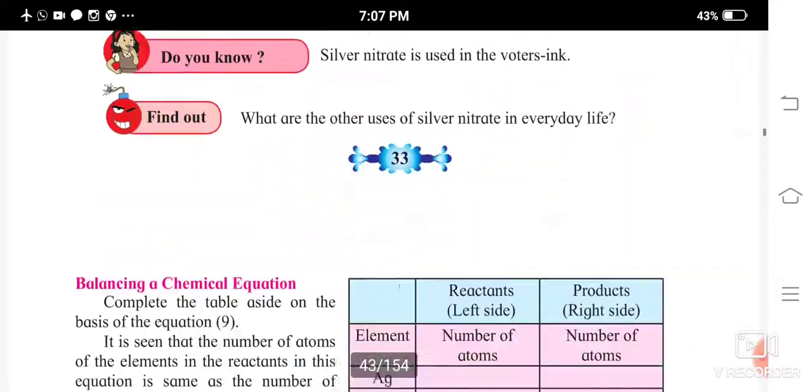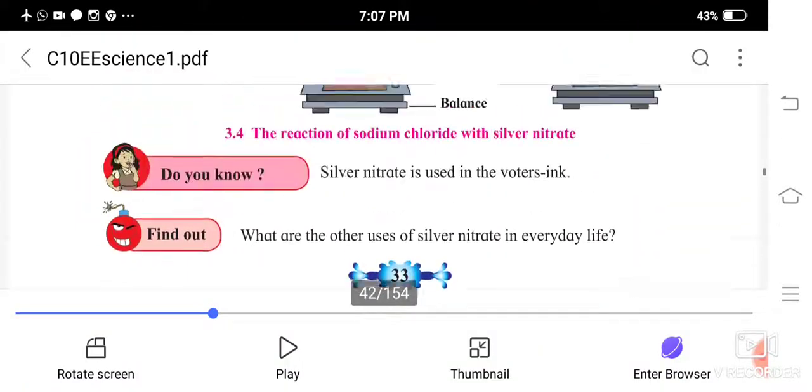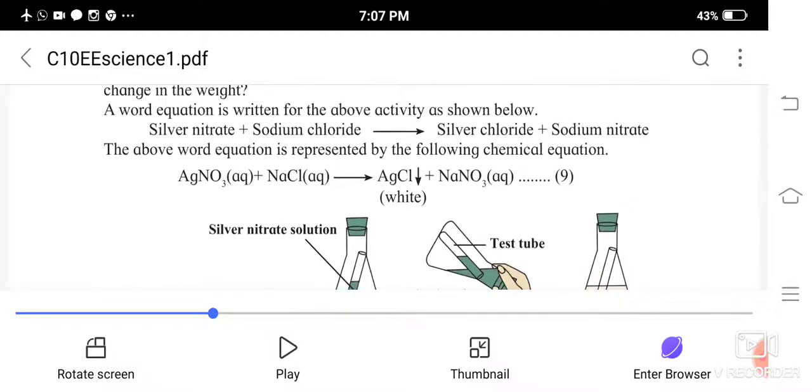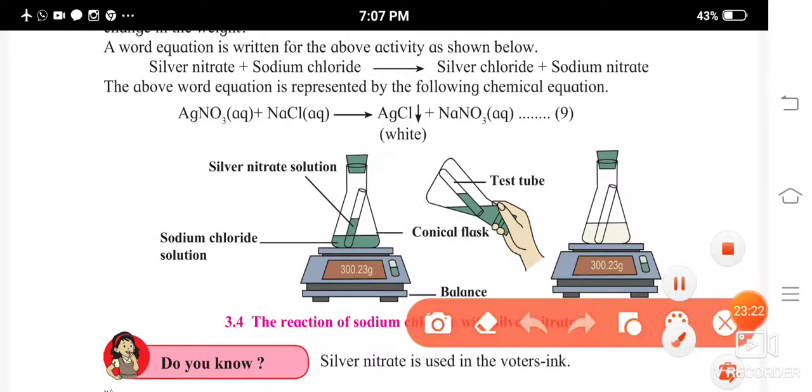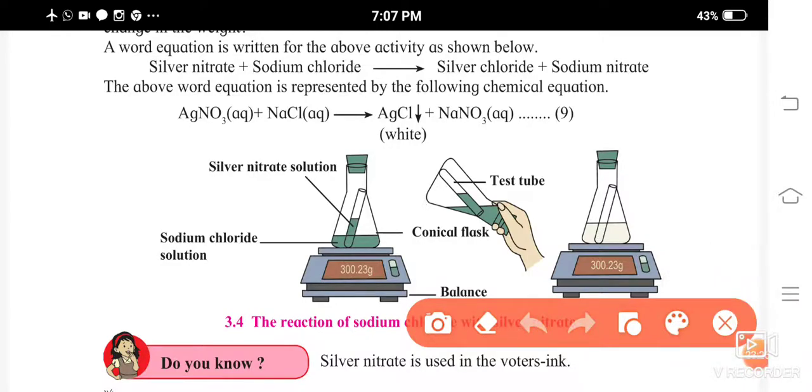See, you can see here. Wait, let me show it to you. This is the conical flask. In the conical flask, you have taken sodium chloride solution. And this is the test tube. In this test tube, you have taken silver nitrate solution.